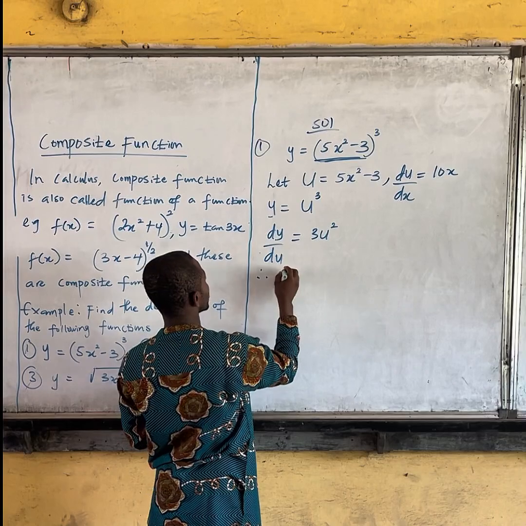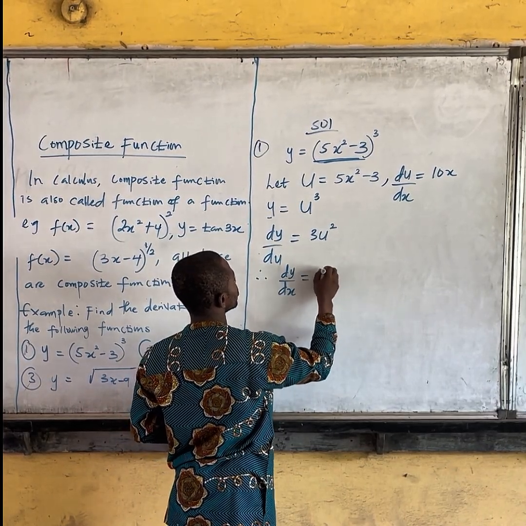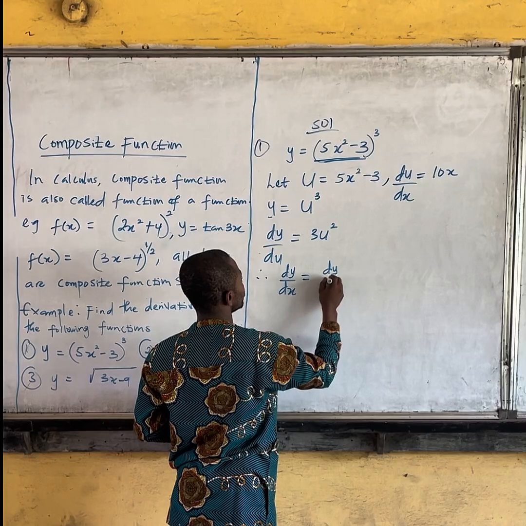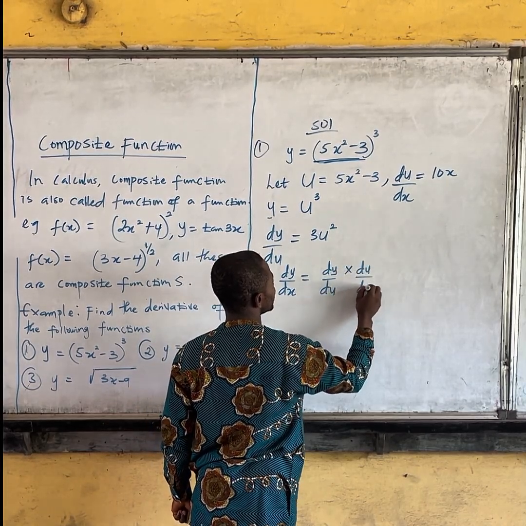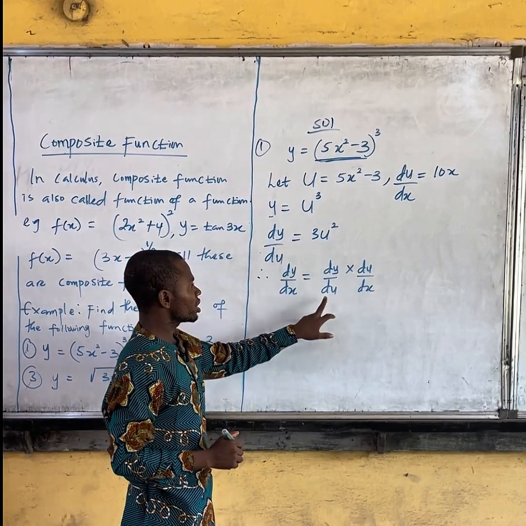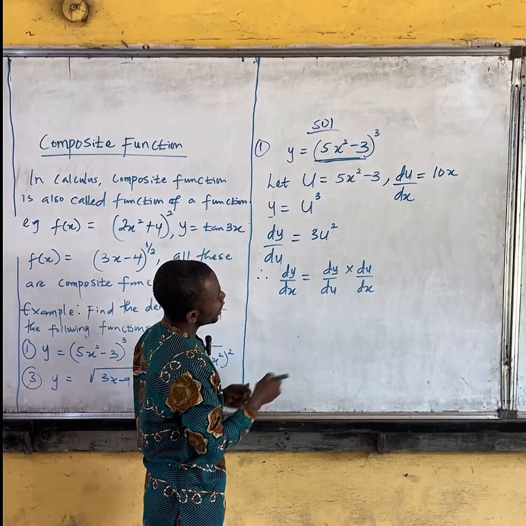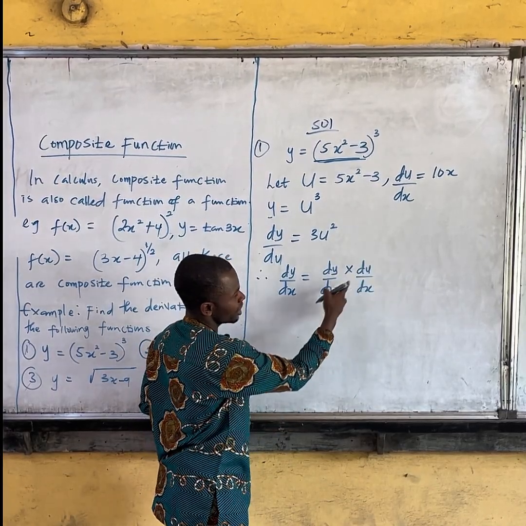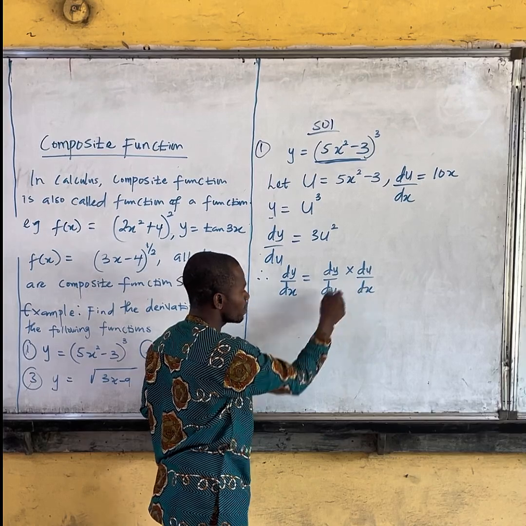According to chain rule, our aim is dy over dx. Don't forget. So dy over dx will now be equal to dy over du times du over dx. As you can see, if du cancels du in this formula, it will give us dy over dx. So it makes sense.